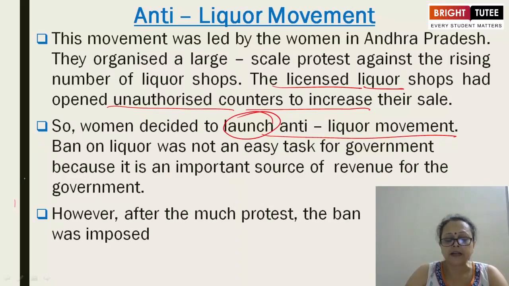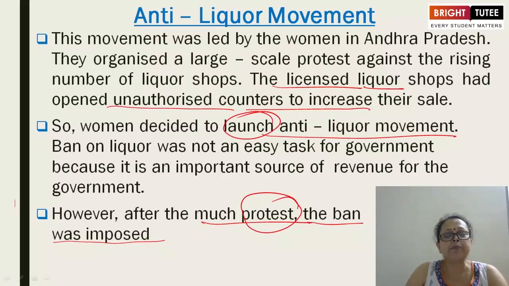A ban on liquor was not easy for the government, because it was an important source of revenue. However, after much protest, organized many times by women, finally the government imposed a ban on liquor.